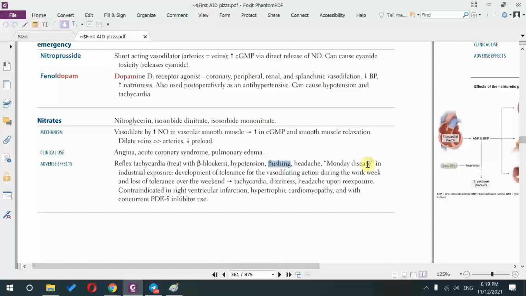This is important, guys. Why? What is this Monday disease? I know this just because I'm a doctor. In ammunition factories and different weaponry factories, they used substances that contain nitrates. They basically make gunpowders from them, and they contain nitrate.